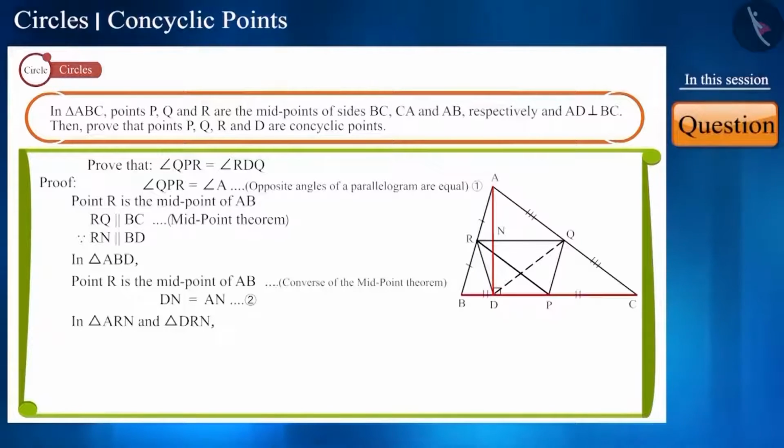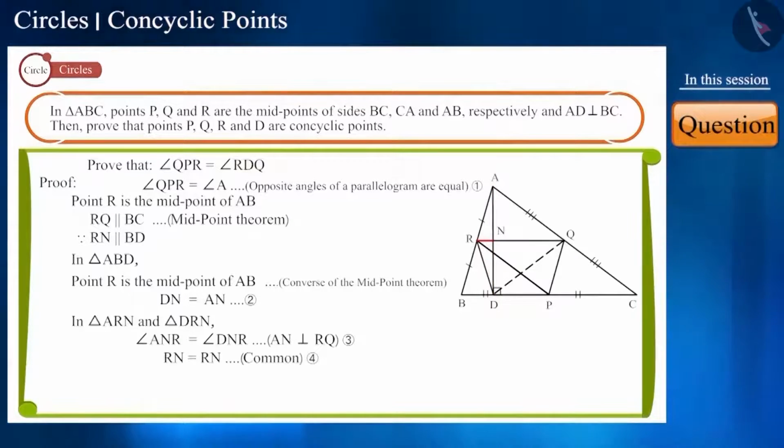AD is perpendicular to side BC. This is given to us. And as you can see in the figure, AN and D are in the same line. So AN will also be perpendicular to the line segment RQ. Angle ANR and angle DNR will be equal to 90 degrees and RN is the common side.